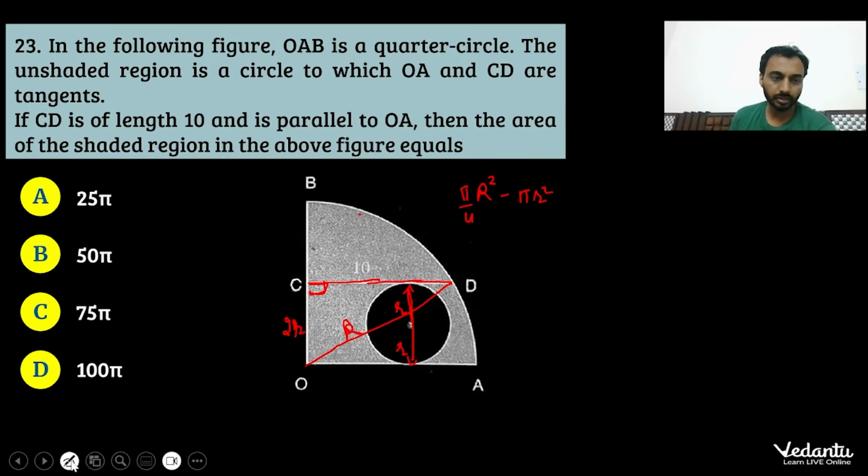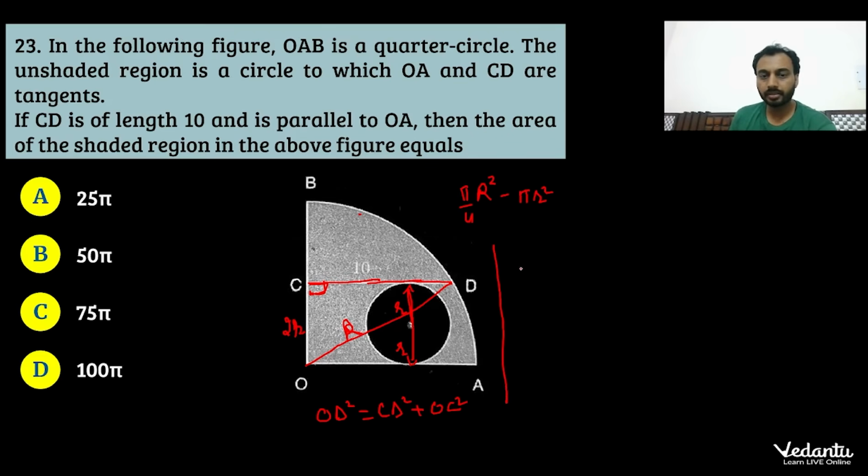The value of OD is R. So if we apply OD square is equal to CD square plus OC square, so what we get from that, we will get 100 plus 4r square is equal to R square.